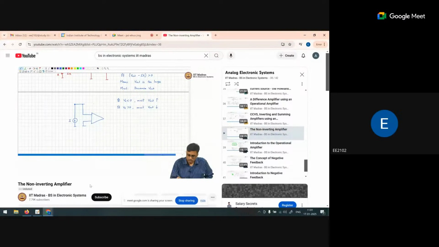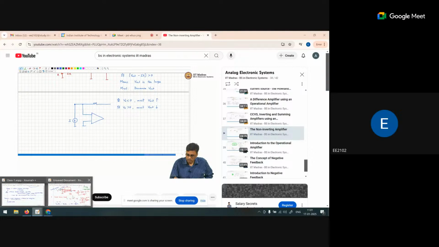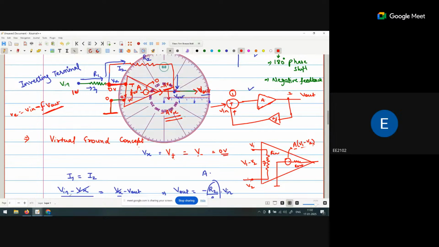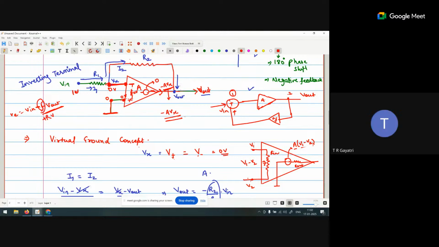Should the error signal be positive or negative? That error signal V is nothing but the combination of V in minus F times V out. So we are considering a minus sign here in the feedback. But if this is a resistance, the resistance is not minus F. Resistance is always R. So what I do is multiply with the gain, that is negative, to convert it into negative feedback.